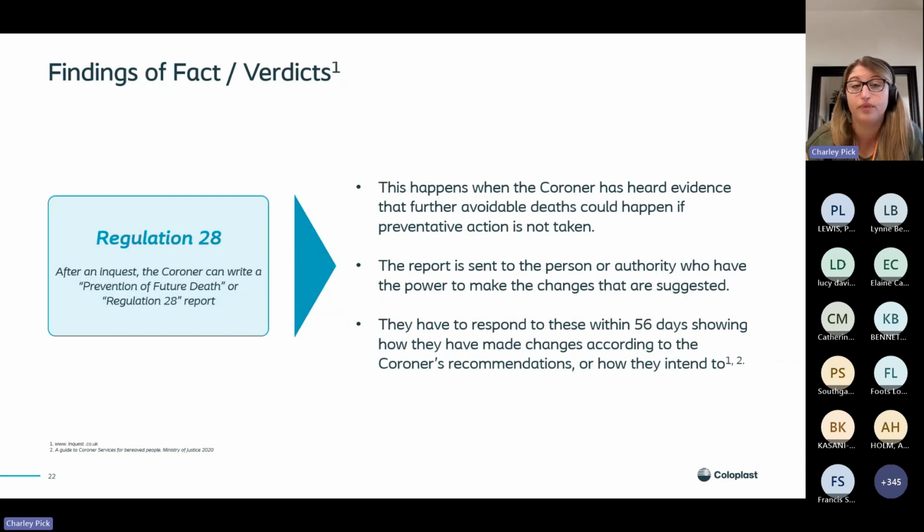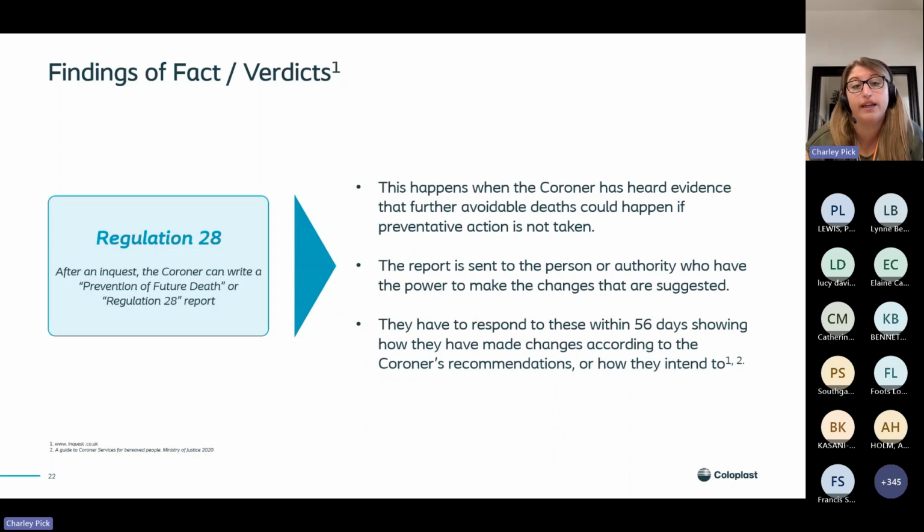So throughout a coroner's investigation, what you will find is the NHS trusts or the companies, the institutions, will try and find ways to negate having a Regulation 28 applied to them.